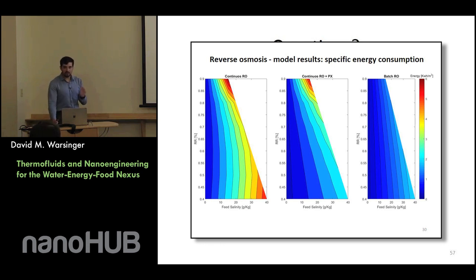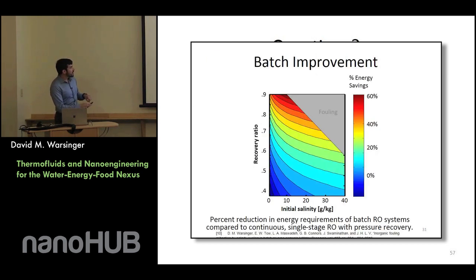So at very, very low salinities, it can be a very competitive process. Now you saw here this batch RO at lower salinities is doing very well compared to the state of the art. So this is going to push back the region where the electrodialysis system is king. But it kind of has a niche at the very small sizes.